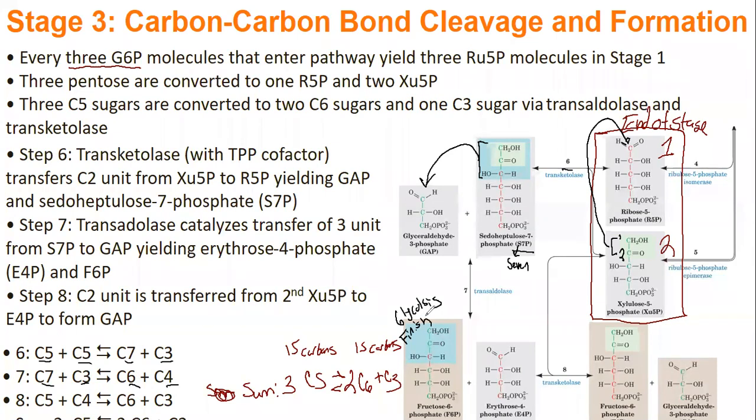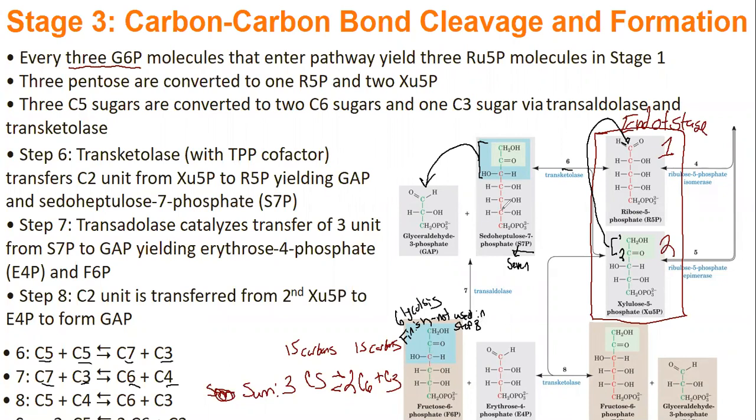The fructose 6-phosphate, it can go reverse on step 7, but it is not used in step 8. That's what I mean by finished. Not used in step 8. So if fructose 6-phosphate wants to, it can go back to glycolysis. Or it can go reverse here, but is not used further on.